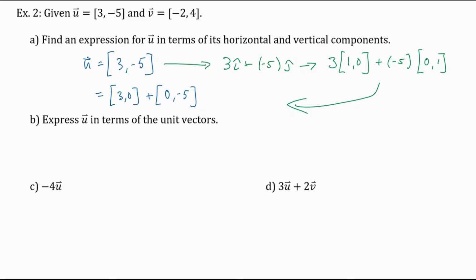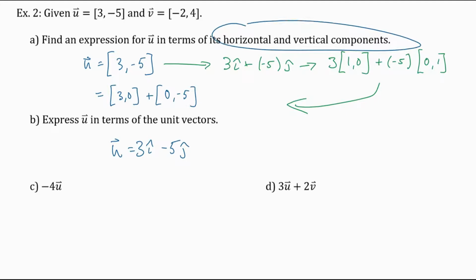Express u in terms of the unit vectors. So this is what we already did, almost backwards between these two examples. So u, all this means is 3 i hat plus negative 5 j hat. So in terms of its horizontal and vertical components, I'm writing it out like this.